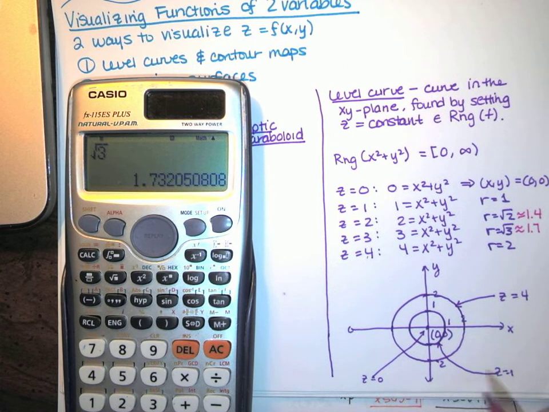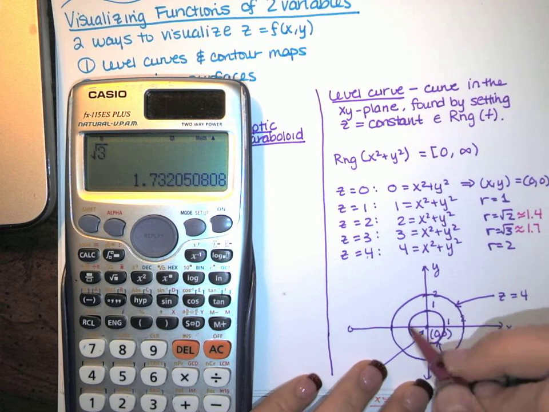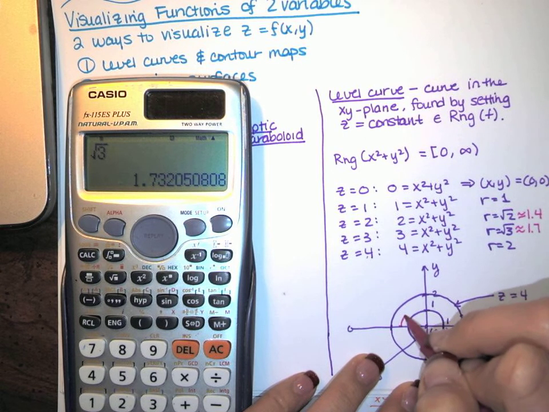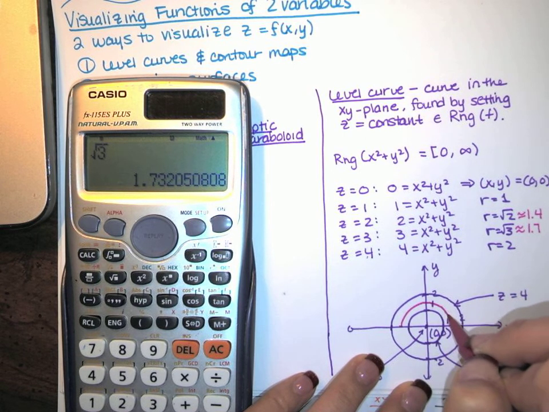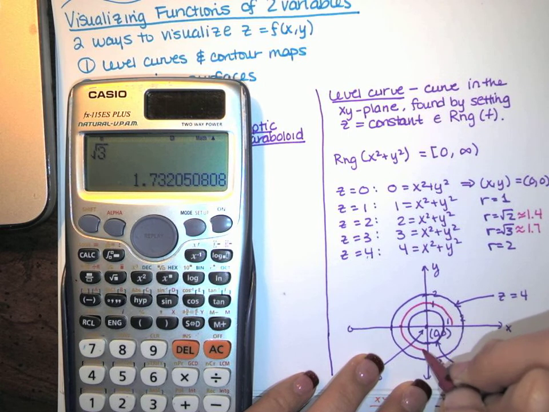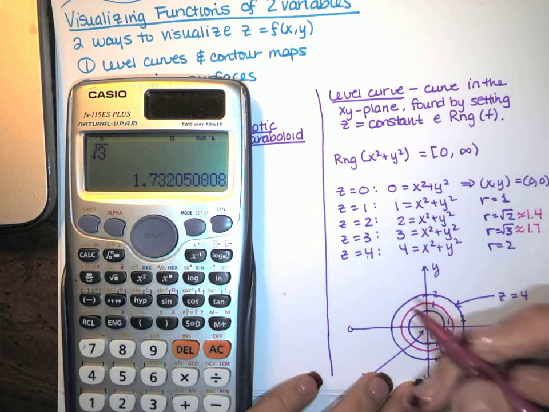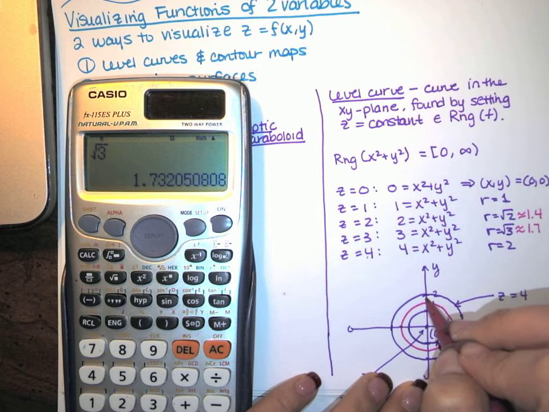Okay, so I'm going to try to draw circles with radius 1.4 and 1.7. So here's one that's radius 1.4 approximately. And here's one that's radius 1.7 approximately.